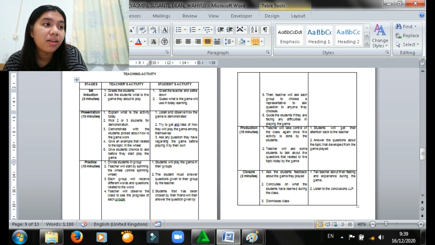The other students who are not selected will ask questions to the person who has been picked. But students are not allowed to ask questions to a representative who is a member of their own group.